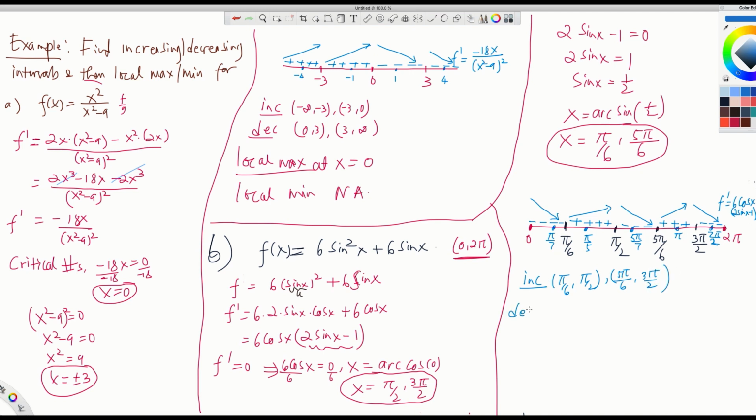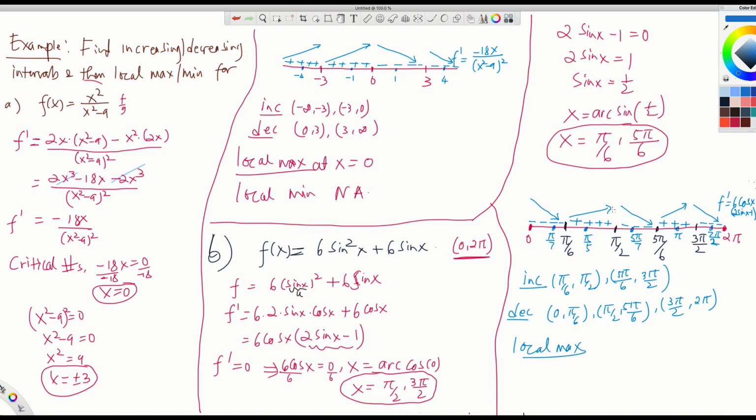And then decreasing intervals are 0 to pi over 6, and then pi over 2 to 5 pi over 6, and then 3 pi over 2 to 2 pi, right? That's what you get. Now, how about the local max, local min? Local max.